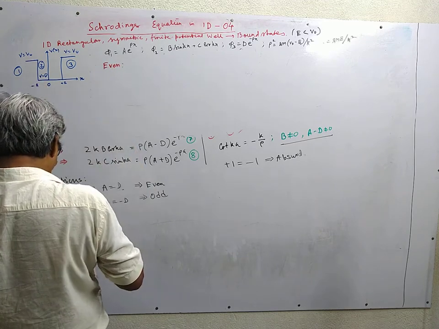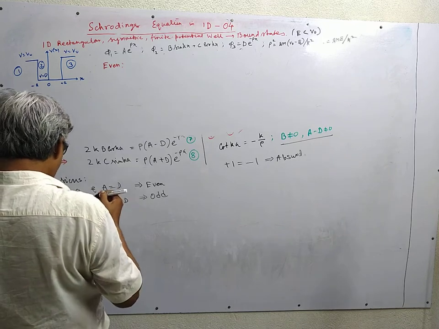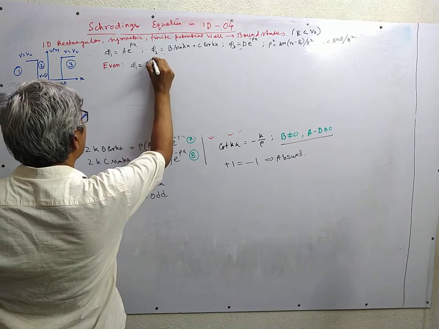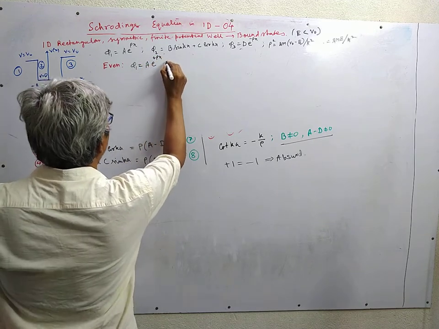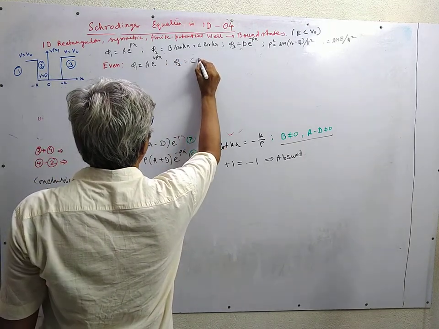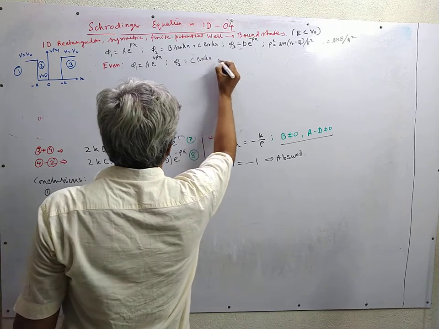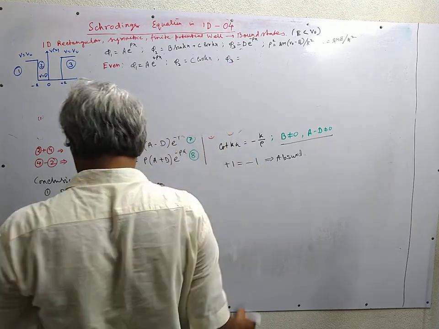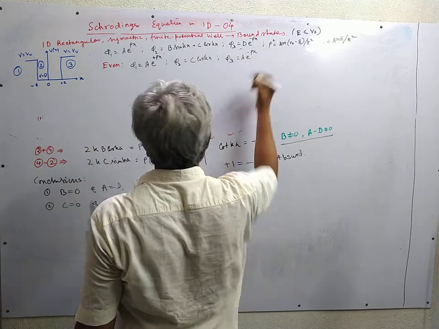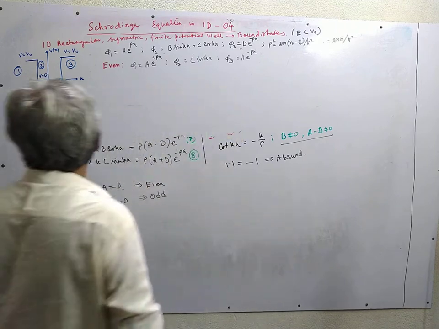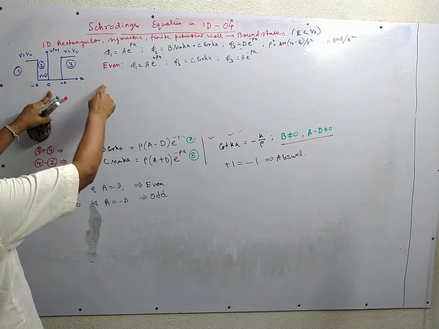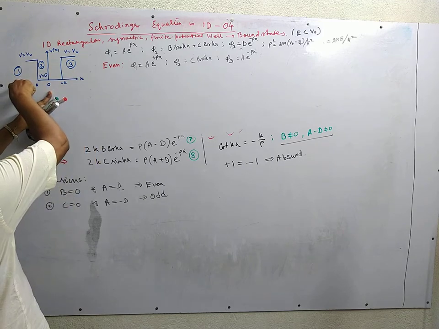For the even state, the wave function is phi 1 equals a e to the power plus rho x, phi 2 equals c cos kx, and phi 3 equals, since a is equal to d, a e to the power minus rho x. You see that if we change x to minus x, nothing changes.